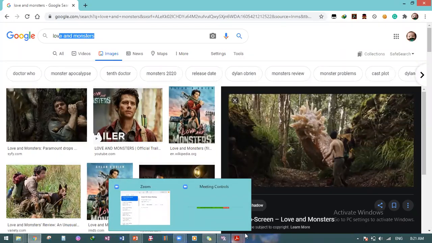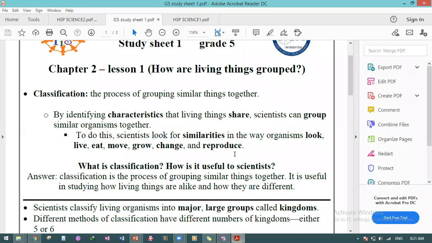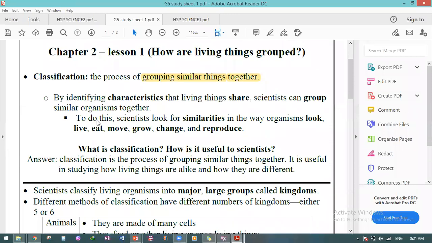Since this is the end of the session, we still have about 4 minutes. So back to the study sheet. I will upload the study sheet today, guys, inshallah, if I could. Okay, so we learned about classification, which means grouping similar things together, and how we classify them by identifying the similarities between them.